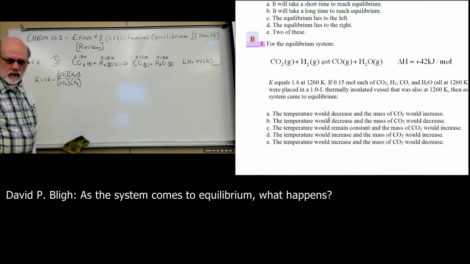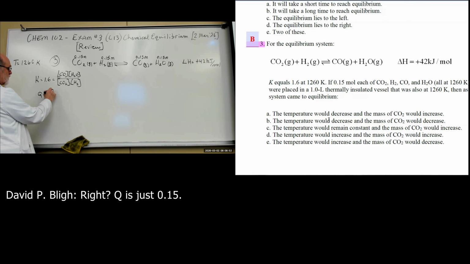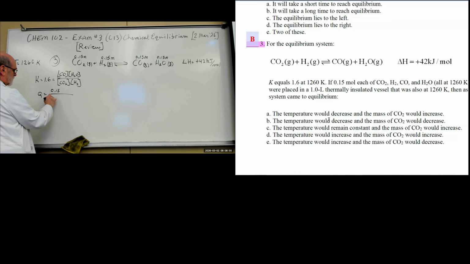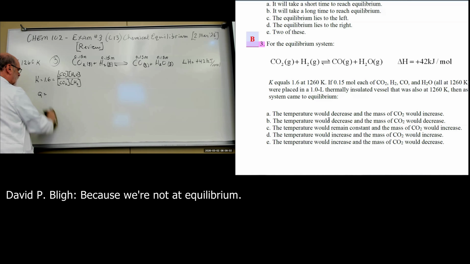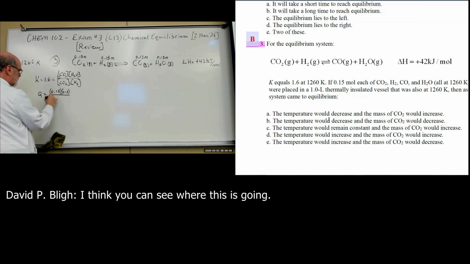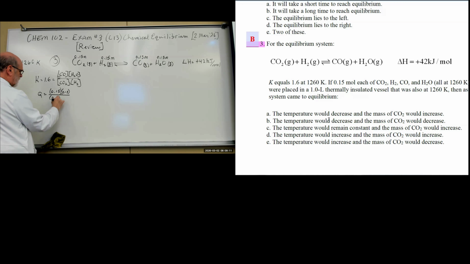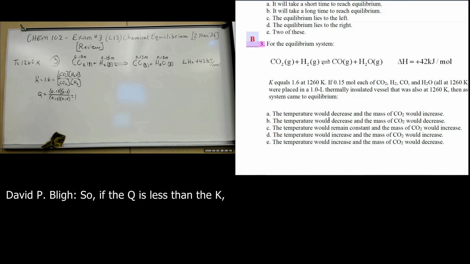As the system comes to equilibrium, what happens? Well, let's look at these values first. If we calculate Q, Q is just 0.15. Actually, it's not square brackets because we're not at equilibrium. I think you can see where this is going. That's equal to 1.